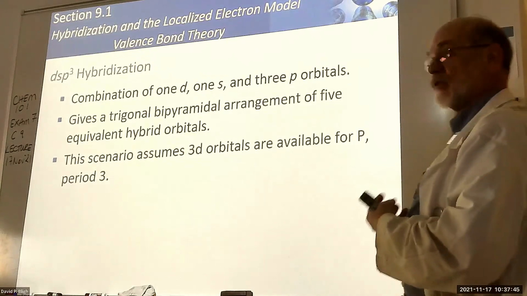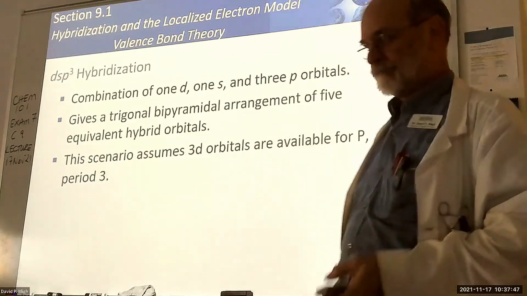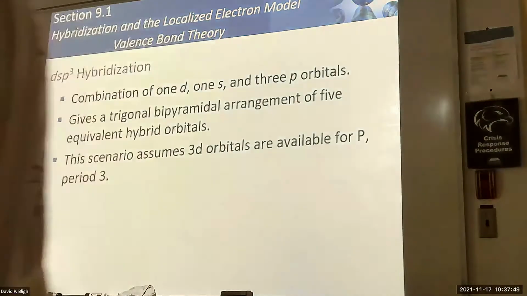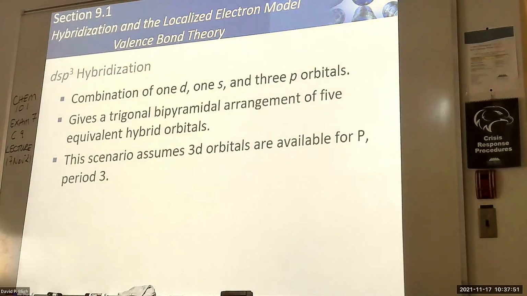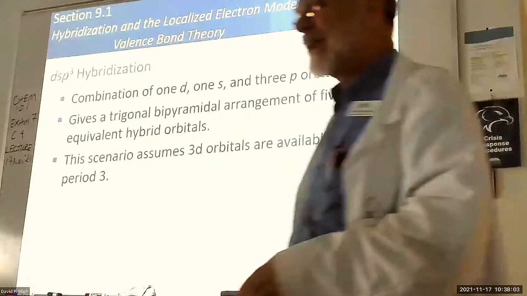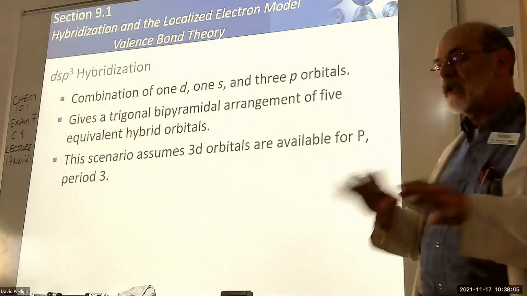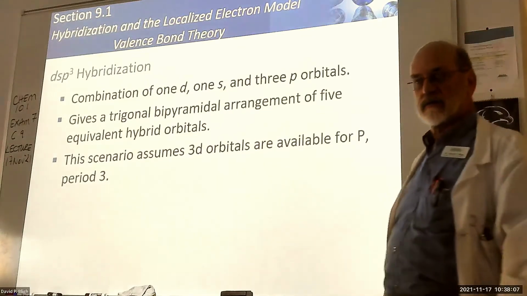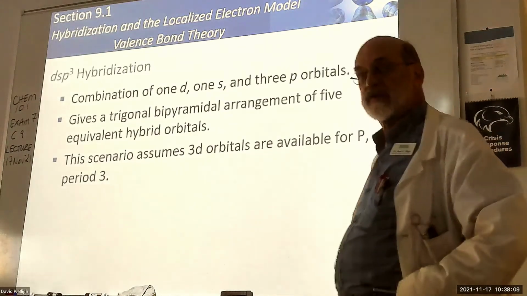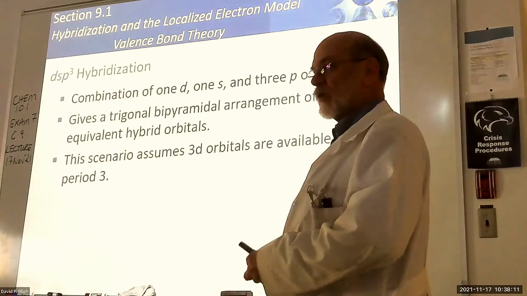Now, when can we use DSP3 hybridization? Only when you have access to d orbitals, right? So you can't use it for the second period, definitely not first. You've got to at least be in the third period, because n equals 2 has no d orbitals in its electronic structure. No possibility there.